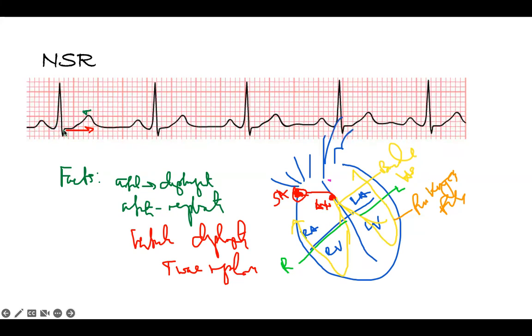Now, there are some numbers we have to know about the heart, so that you can know if this is normal or not. I told you this is the P wave, the Q is the one going down, the R is the one up, and then the S is here and the T. From here to here, the PR interval, has to be between 0.12 and 0.2 seconds.